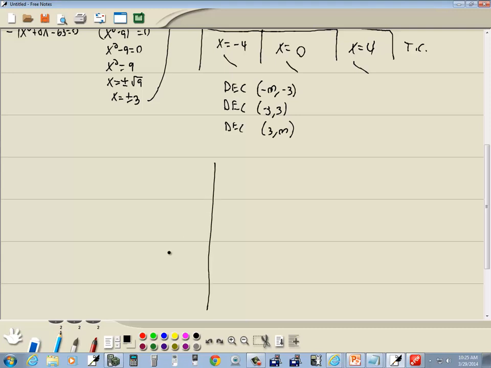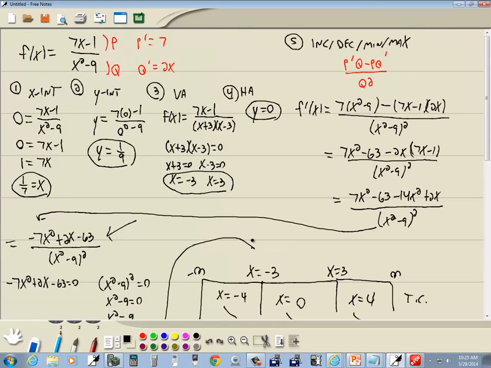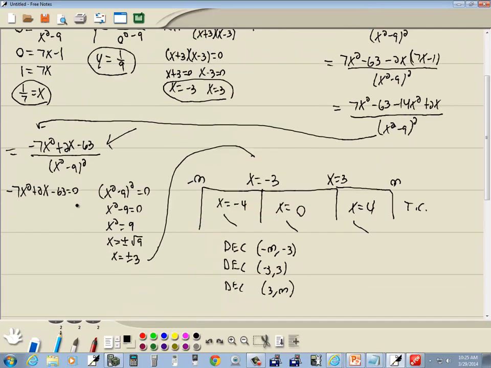Let's graph it now. Okay. Our x-intercept. X-intercept is 1/7.